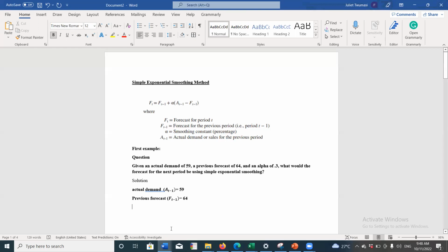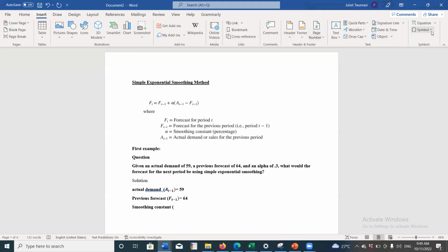Then the smoothing constant is alpha. So you go to insert. We have symbols here. So this is the symbol Greek small letter alpha. So you can click on it. And that is 0.3.